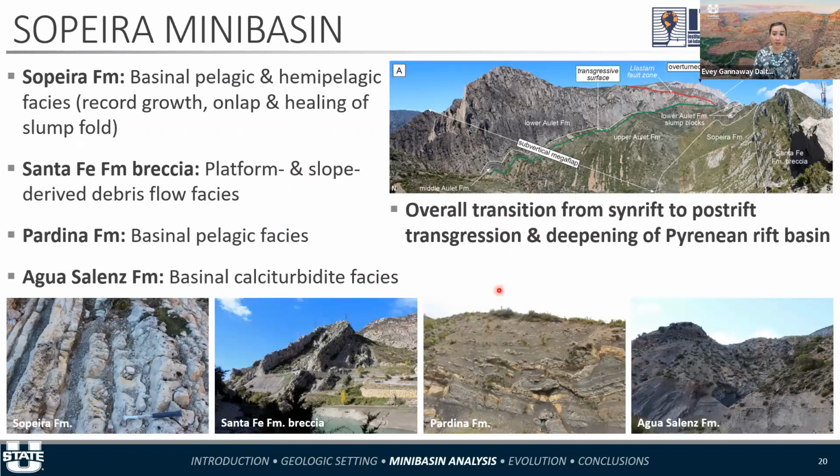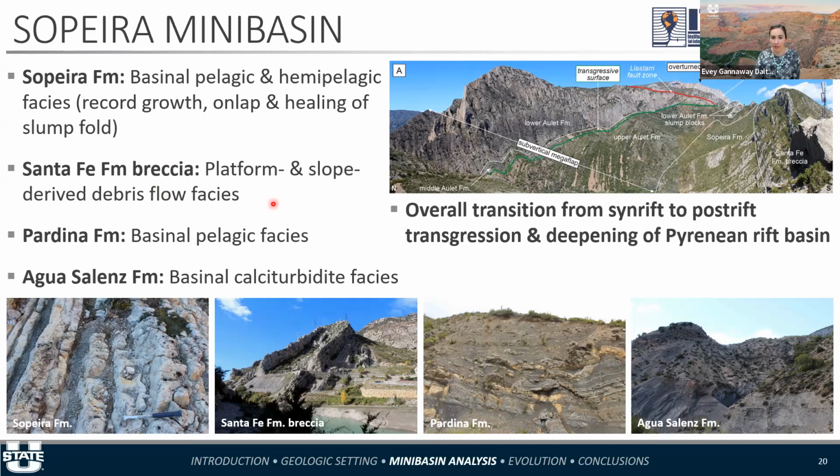The overlying younger strata in this location have been studied really extensively over the years, but I do want to mention them here primarily so we can compare to the other mini basins. Moving up section, we first have the basinal Sopera formation, which continues to record the growth, onlap and healing of that slump fold that I just mentioned.